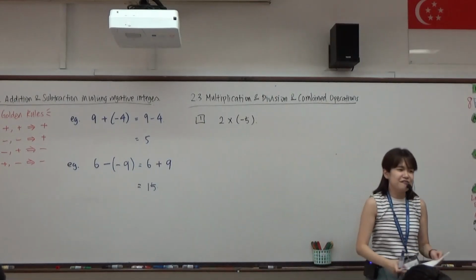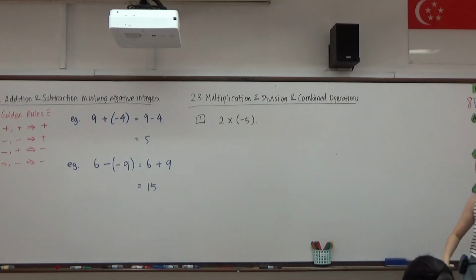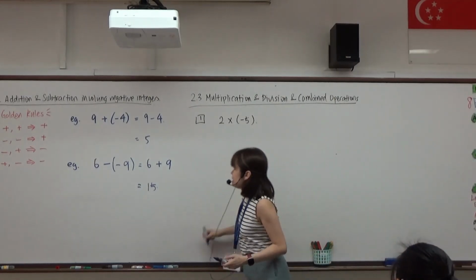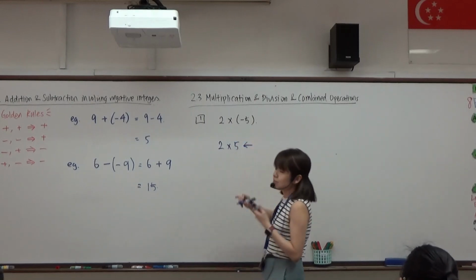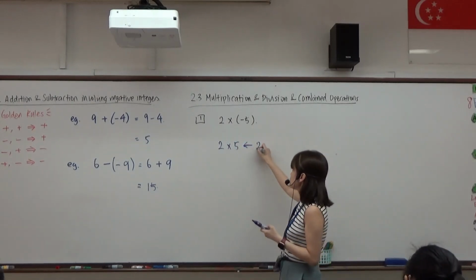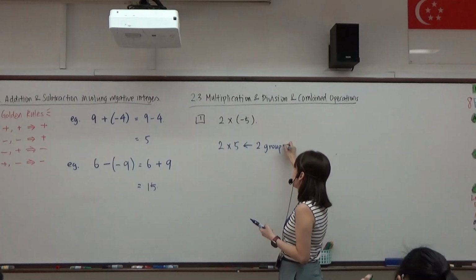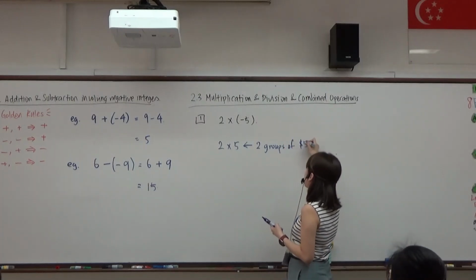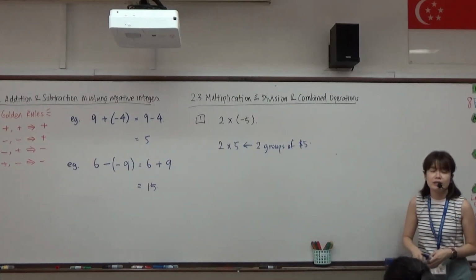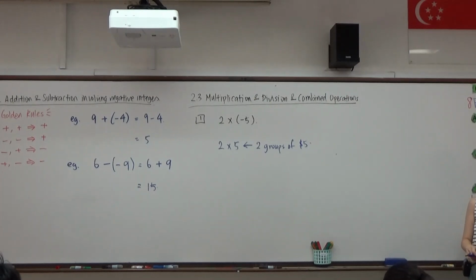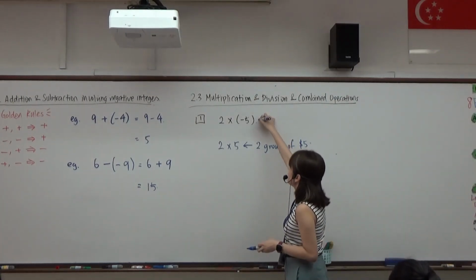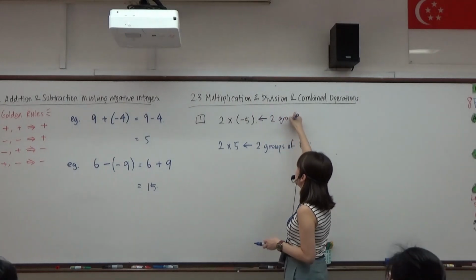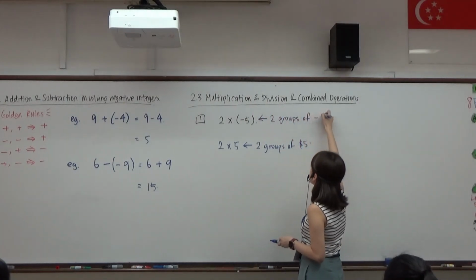Okay, 2 times negative 5. If I want to talk about, let's say, 2 times 5, what does it actually mean? It means 2 groups of 5. Or if I put a money context into it, it is 2 groups of $5. So 2 times negative 5 means 2 groups of negative 5.